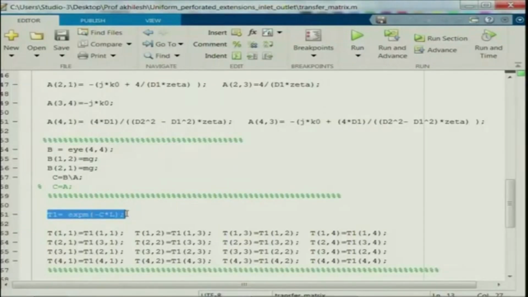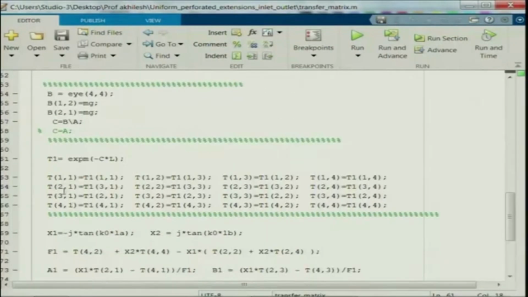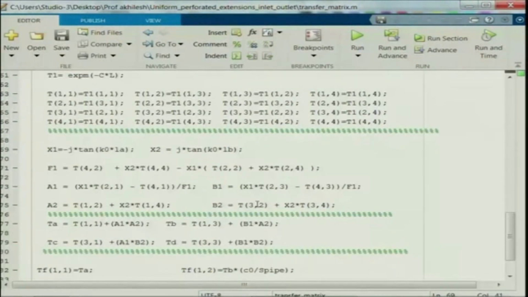And this is the one I was talking about, EXPM of minus CL, and then you reshuffle or rearrange the matrices. This is the T1 matrix I was just talking about, this is the T matrix, and then these are kind of your boundary conditions. They themselves are not the boundary conditions, but these terms arise because of the implementation of boundary conditions due to neck extension.